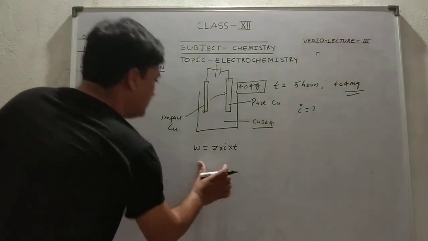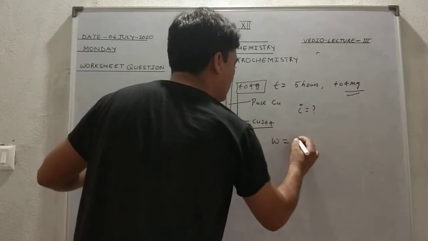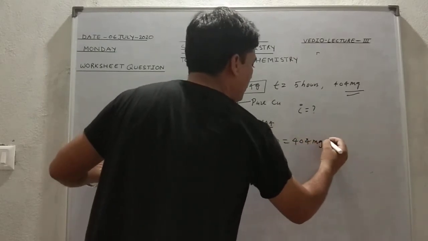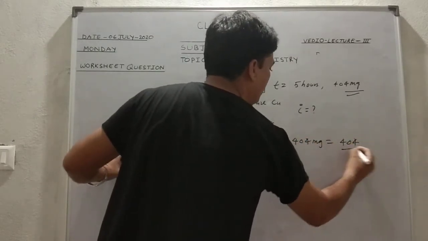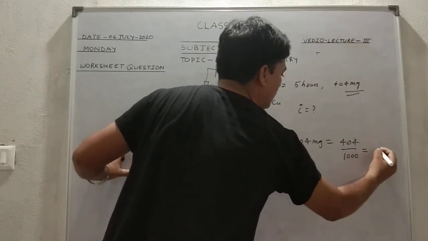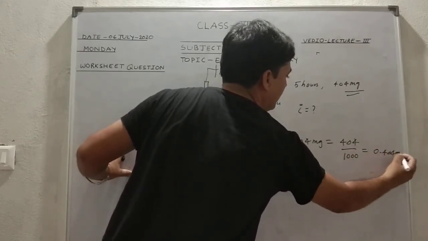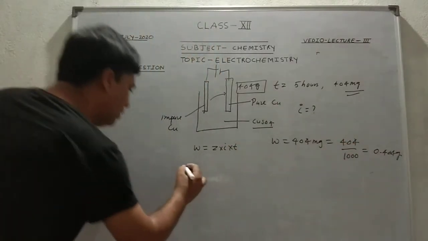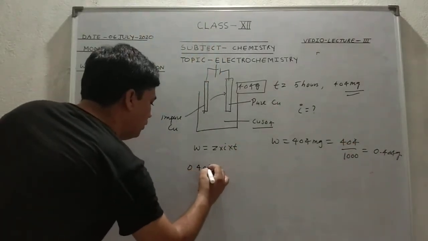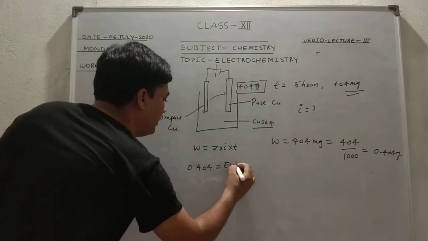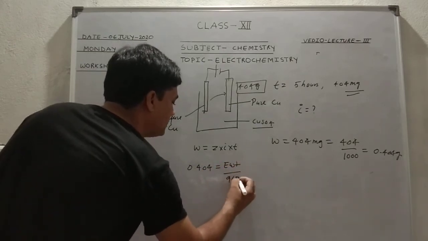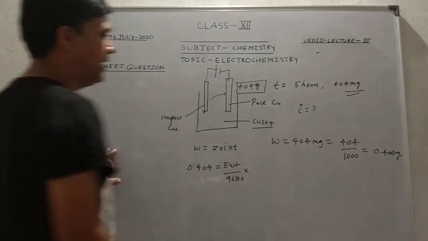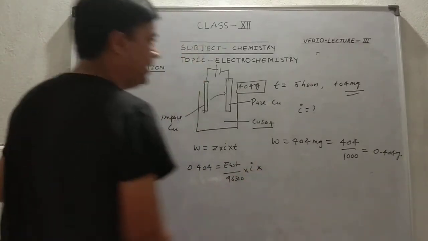W is given as 404 milligram, which is 404 divided by 1000, equal to 0.404 gram. First we have to convert into gram. So 0.404 is equal to equivalent weight divided by 96500 into I.